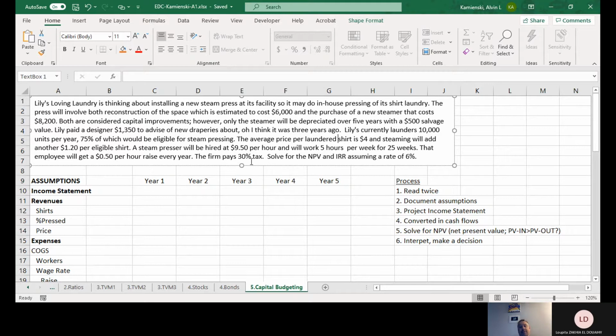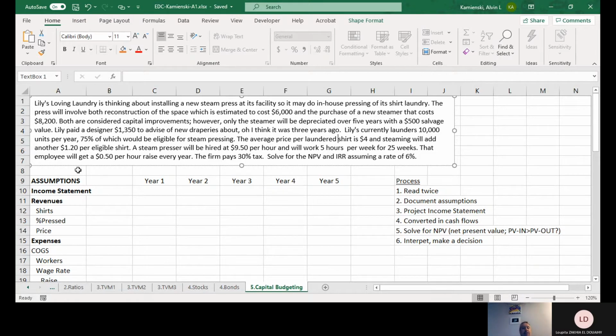The company is going to have to pay some income tax at 30%, and we're going to be looking to solve for NPV and IRR, assuming that if Lily did not spend the money necessary to reconstruct the space and install the steamer, she could just go ahead and invest her money, let's say, into a mildly conservative, diversified portfolio of similar risk, and she would expect to earn about 6%.